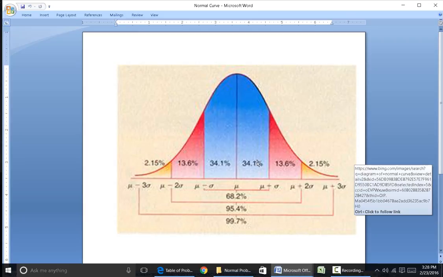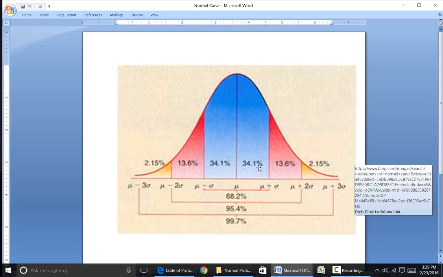And again, if I select one person at random, what's the probability or percent that person will score between mu minus 1 sigma and mu plus 1 sigma? In other words, what is the percent of people that would score within 1 standard deviation of the mean? Okay, so that's talking about this blue area right here. You add those percentages, and that's 68.2%.